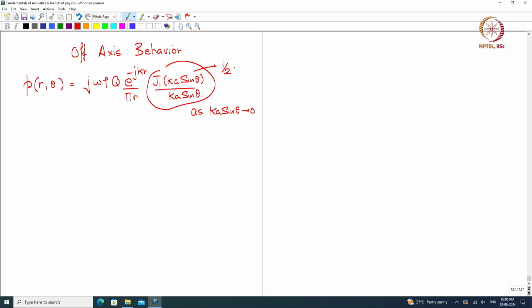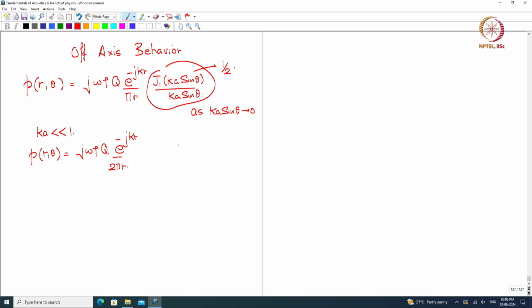So let us say ka goes to a very small value, the monopole approximation, ka much less than 1. Then what we get is P of r comma theta equal to j omega rho Q e to the power minus j k r by twice pi r.